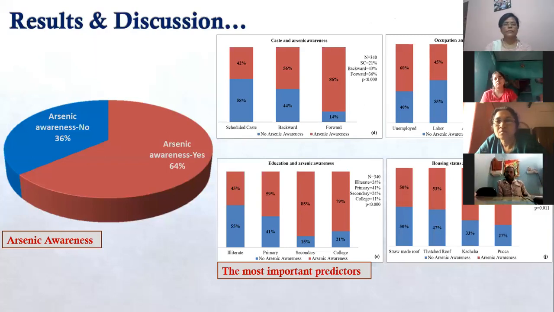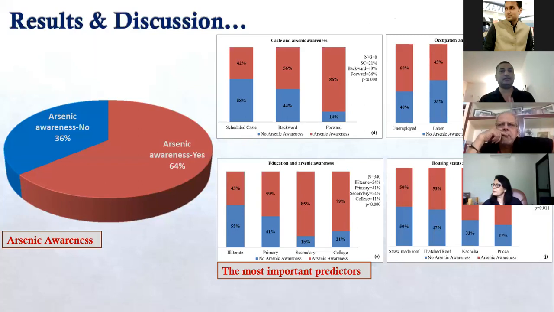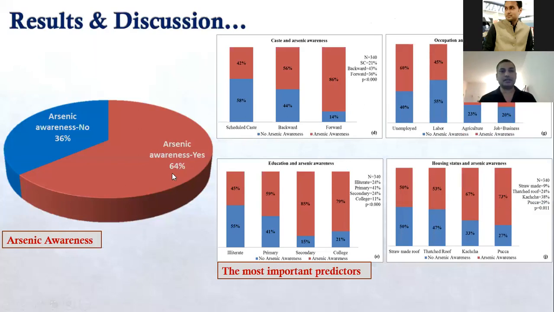So basically, if there was no awareness, then people belong to the category where there is no awareness, and the rest of them belong to arsenic awareness. I have a detailed methodology in my paper. But finally, arsenic awareness became binary, arsenic aware, arsenic not aware. And you can see 64% of the population were arsenic aware.